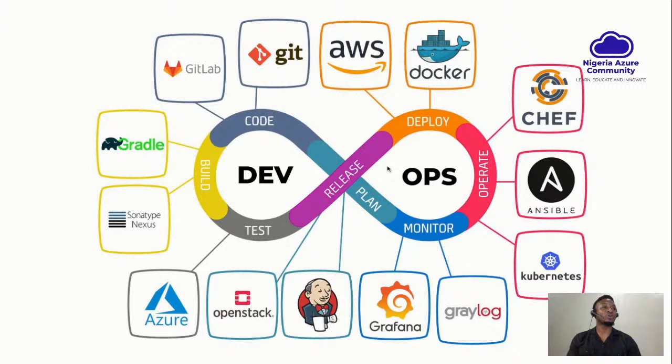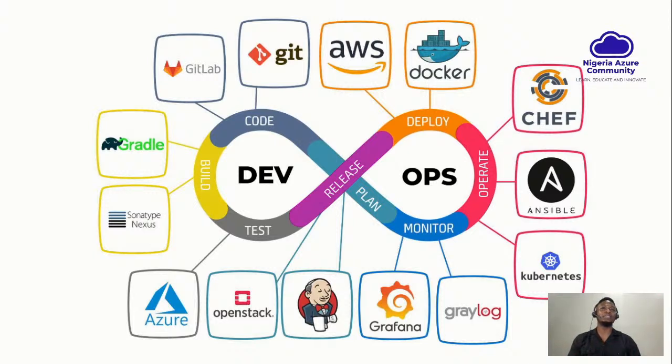All right. So quickly, now this is how DevOps is being carried out. Right here on my screen, I'm sure you can see my screen, I have a diagrammatic representation of the DevOps end-to-end process.